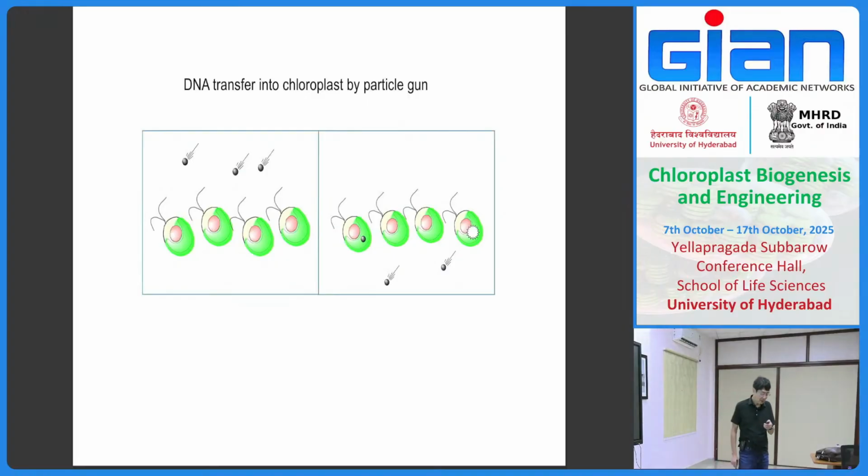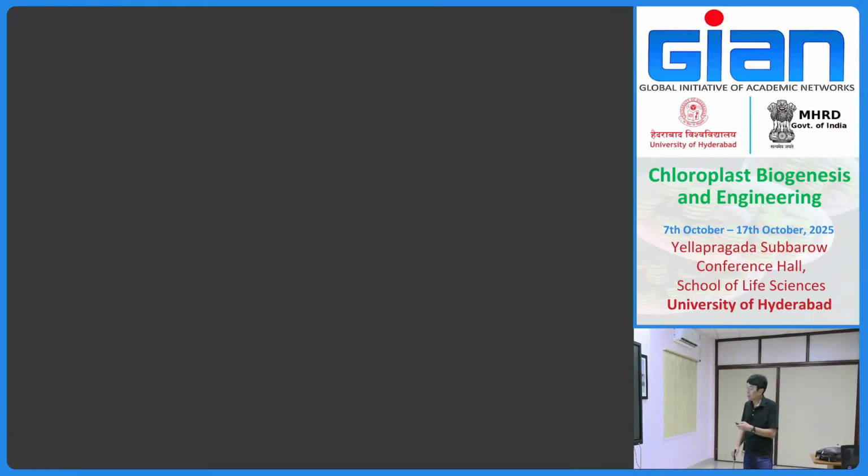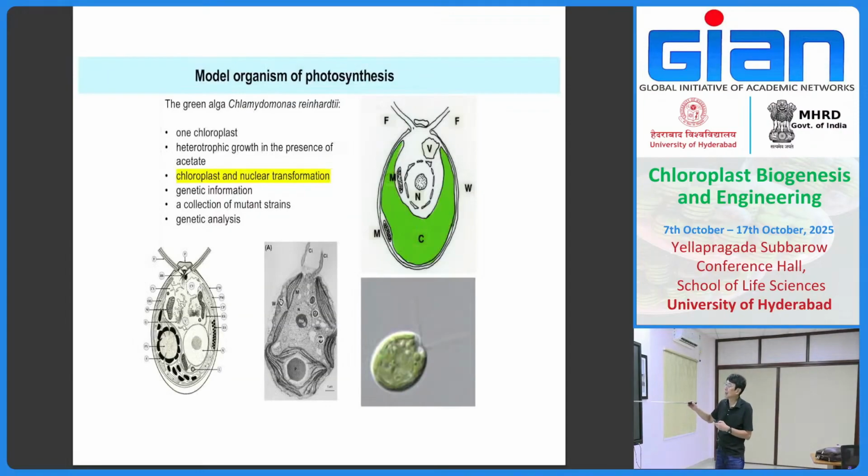So today I introduce chloroplast transformation. As you can see here, the chloroplast is inside the cell, surrounded by two layers, the cell wall and the cytoplasmic membrane, so it is very hard.